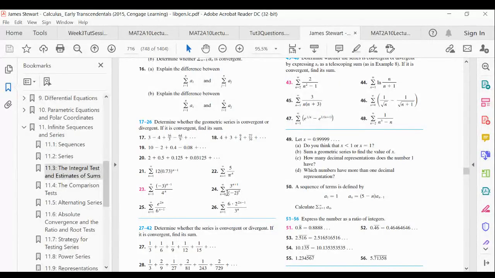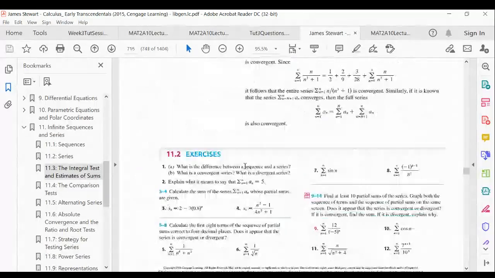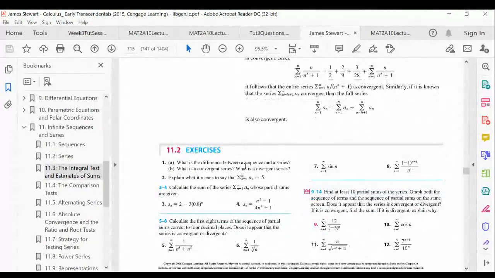And then b says, sum a geometric series to find the value of x. Now you compare to ask something about example 6: calculate the first 8 terms. Does it appear that the series is convergent or divergent?